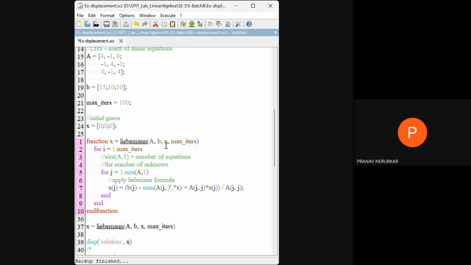Just wait to see. Eight. Serial number 8 you can write.